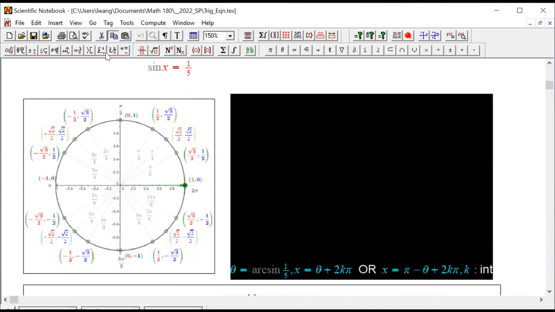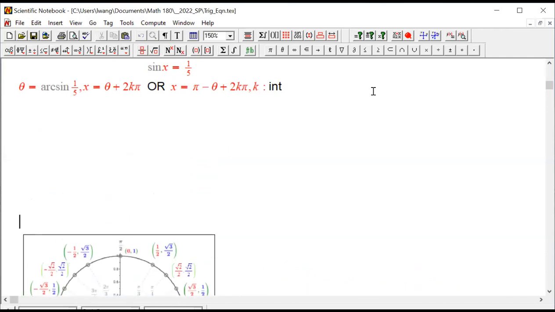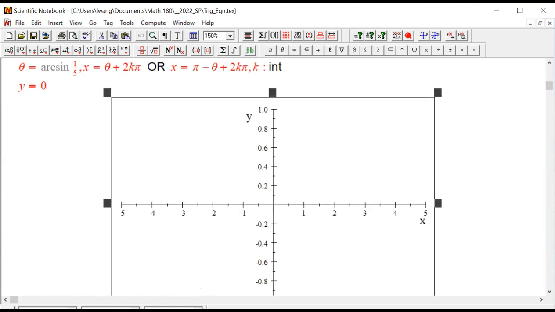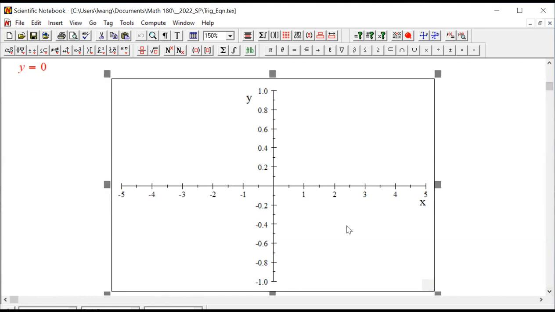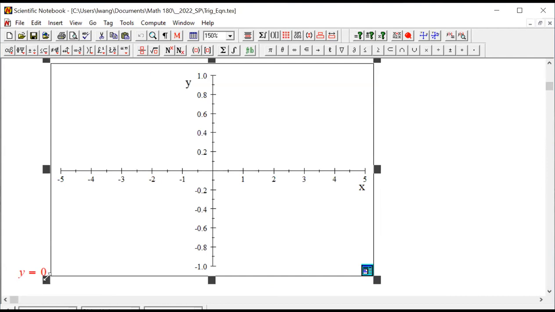We already have the answer, but I'm going to draw this rectangular system one more time, which is a more general form of drawing this. So y equals 0. Meanwhile, I hope you guys see this whole process all over again.